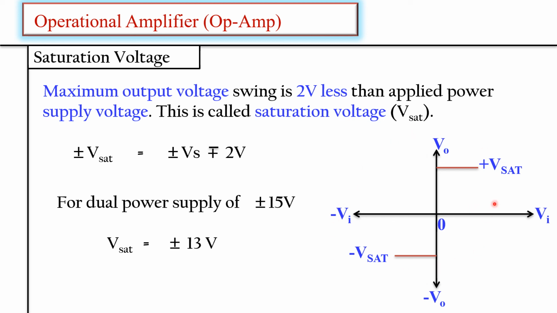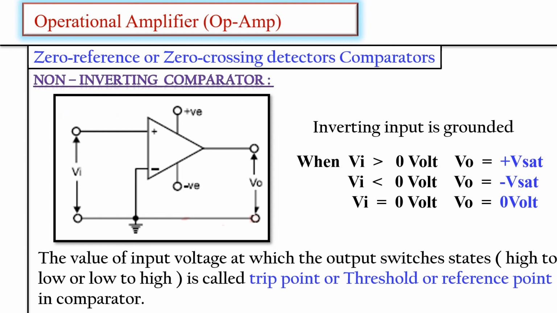See here it is shown plus Vsat or minus Vsat. When the output is high, the maximum output that we get at the output of the op-amp is plus Vsat, and the minimum we get is minus Vsat. So the output will vary from plus Vsat to minus Vsat in an open loop. This is nothing but the saturation voltage.